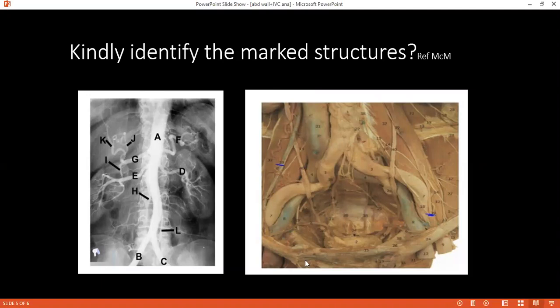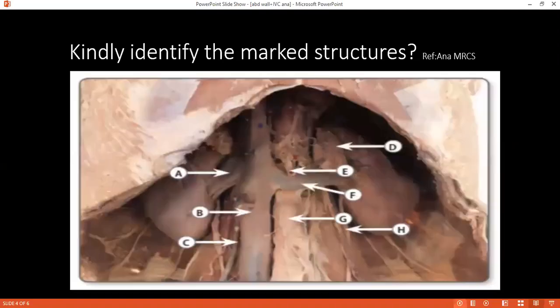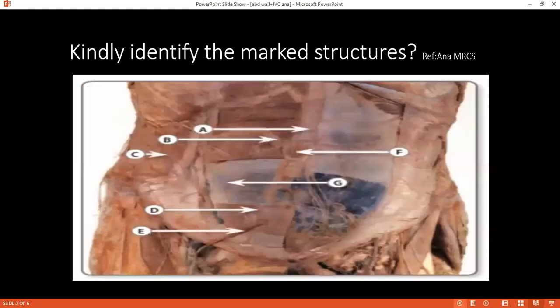Coming back to this, this is the linea alba. What is the significance of the linea alba?